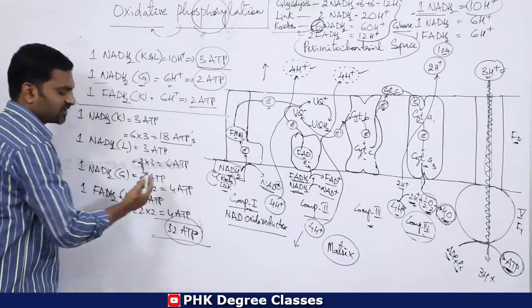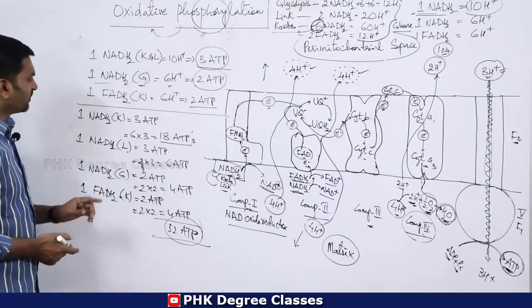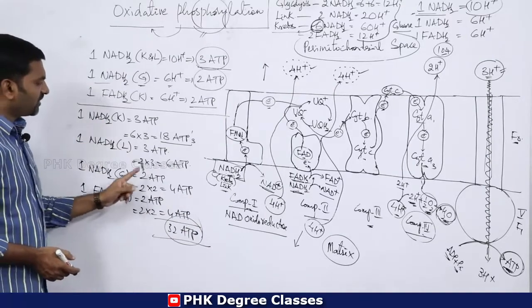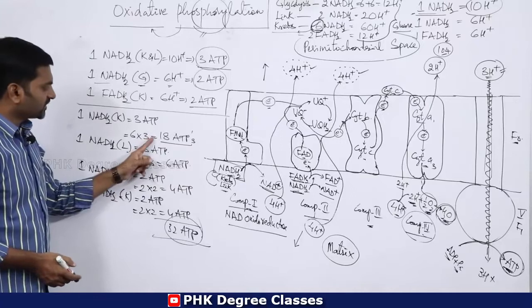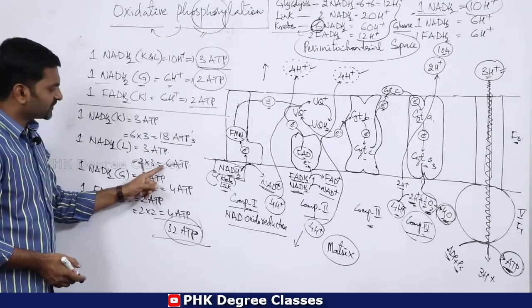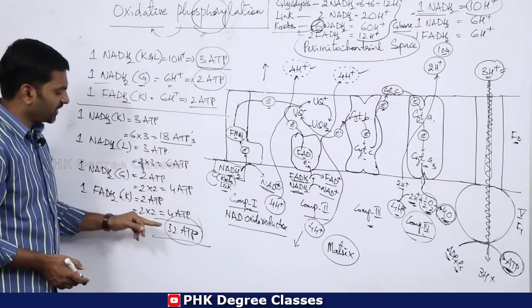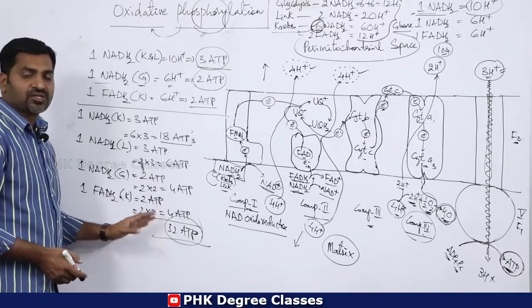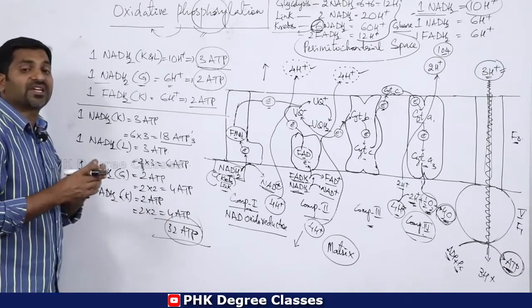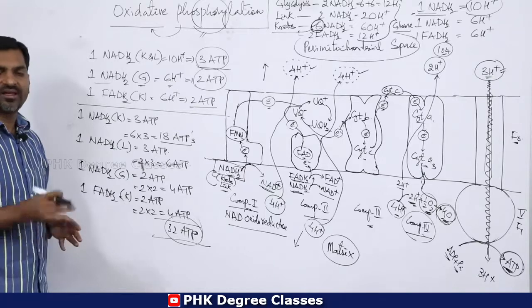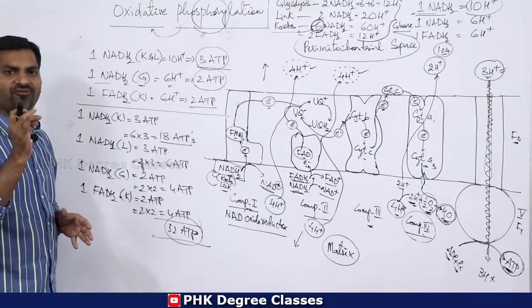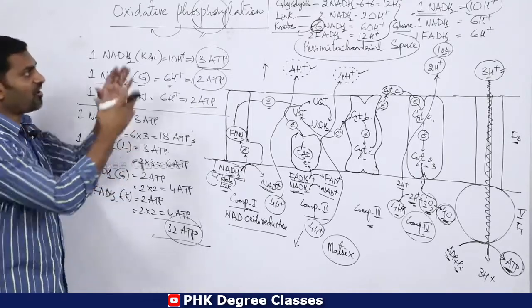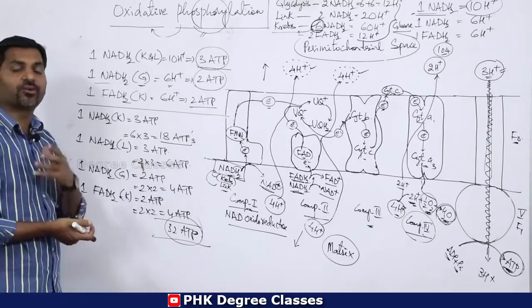Right? So 32 ATPs are formed indirectly in all the stages of aerobic respiration.